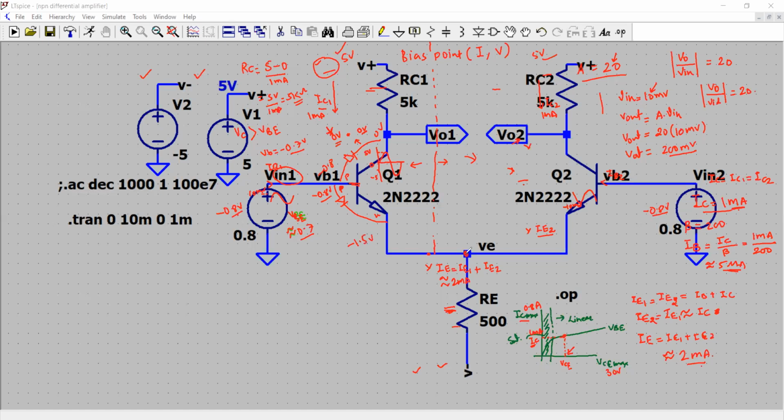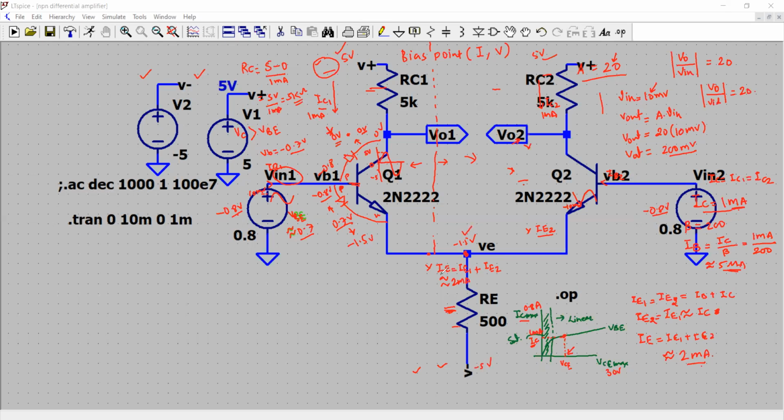So the difference between these two is about 0.7 volt, right? That's good. So we are all set, right? That makes sense. So minus 1.5 is here, and here is minus 5 volt.